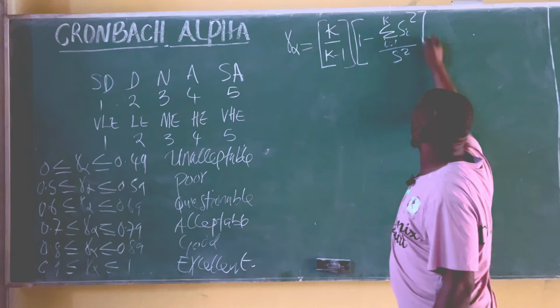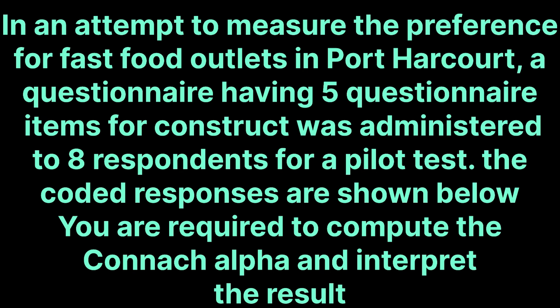An attempt to measure the preference for fast food outlets in Port Harcourt. A questionnaire having 5 questions for constructs was administered to 8 respondents for a pilot test. The coded responses are shown below. Now you are required to compute the Cronbach Alpha and interpret the results.